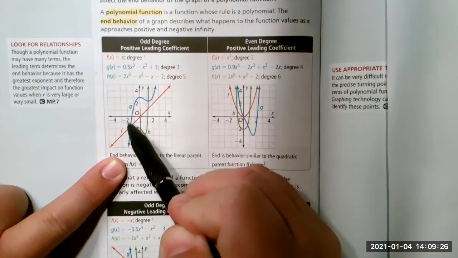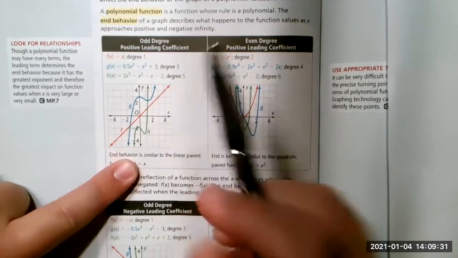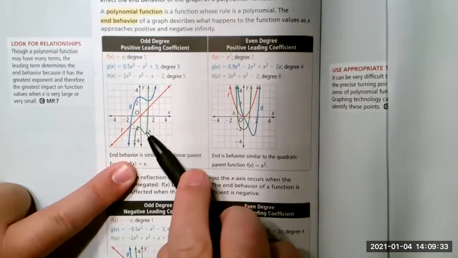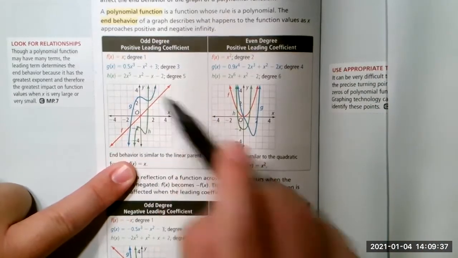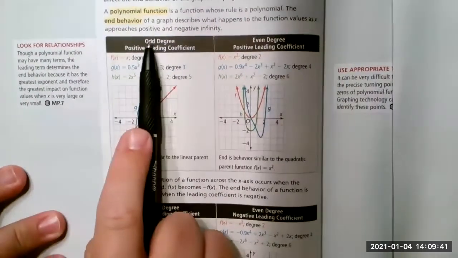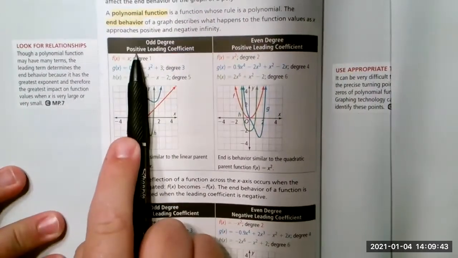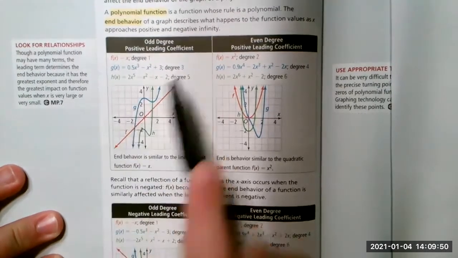If I go right, it's going up and to the right. Same thing with the green function. If I trace it, it looks like it's going down and to the left. It's going up and to the right. So what they're trying to emphasize here is that every odd positive function that you encounter will always go down and to the left, up and to the right.